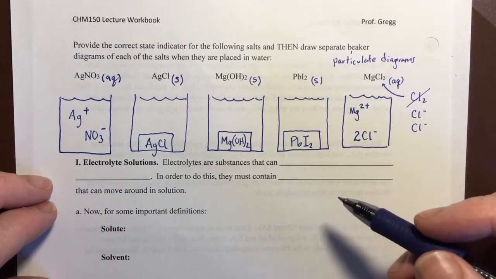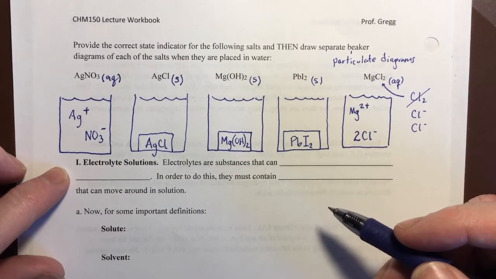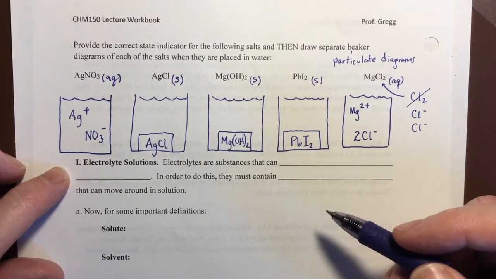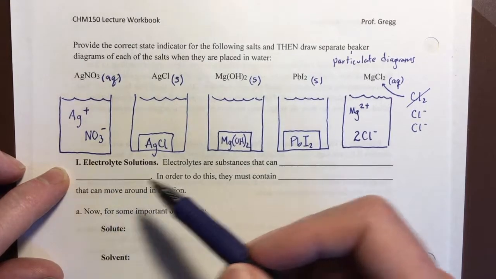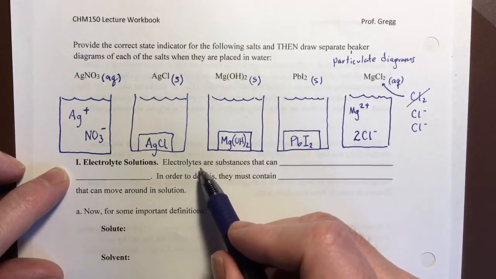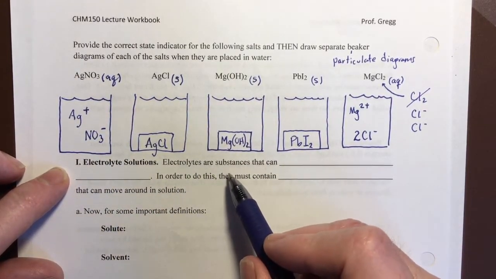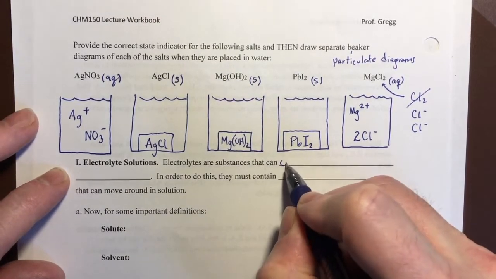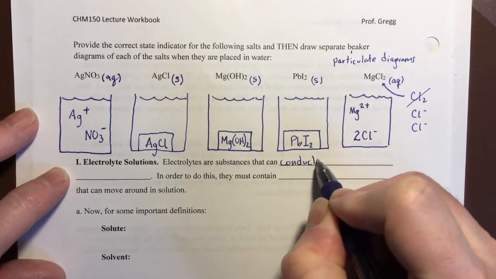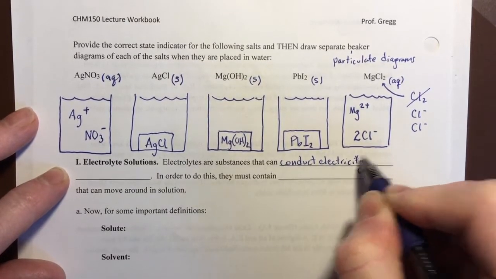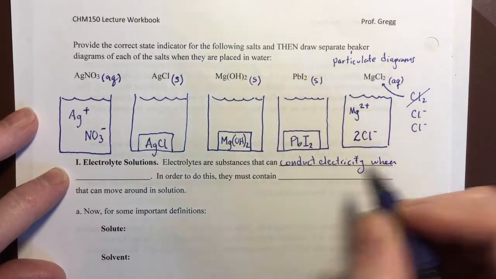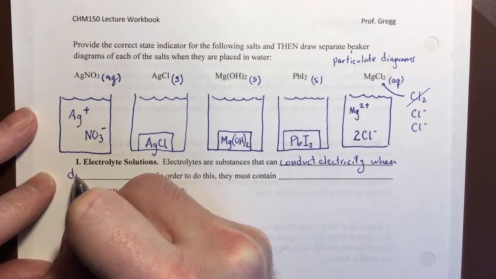All right, continuing on now, we're going to discuss electrolyte solutions, electrolytes, and electrolyte solutions. So let's define the term electrolyte. An electrolyte is a substance that can conduct electricity when dissolved in water.